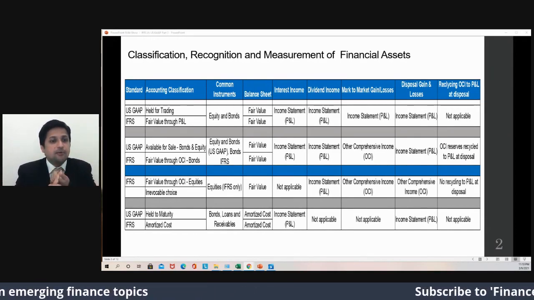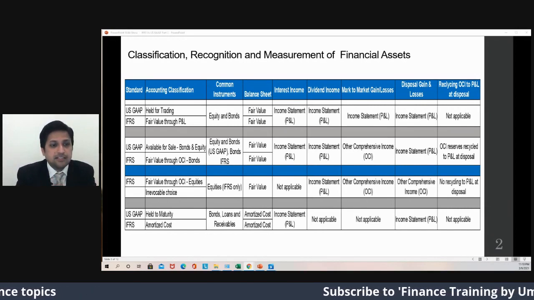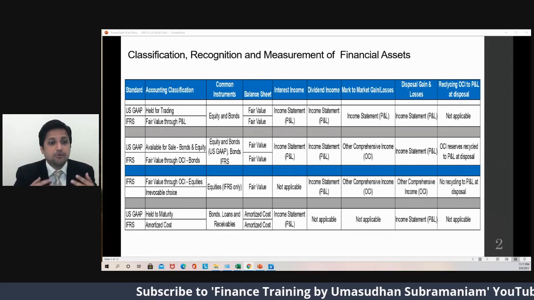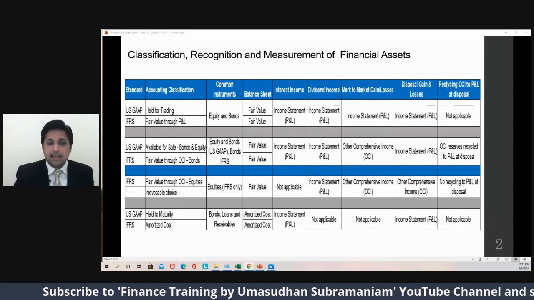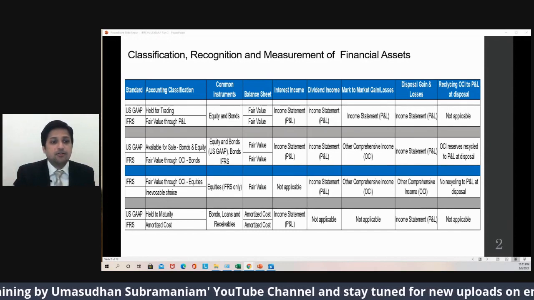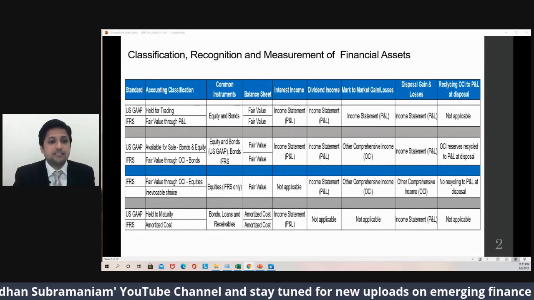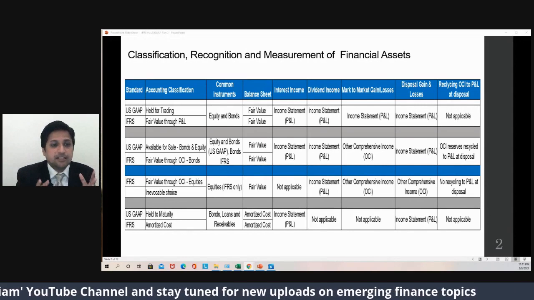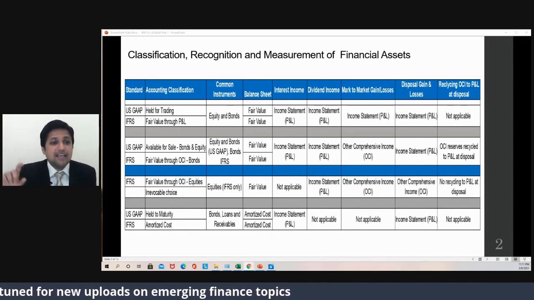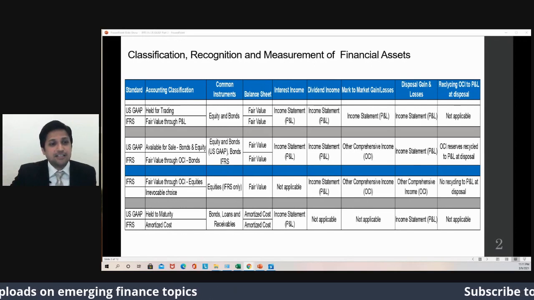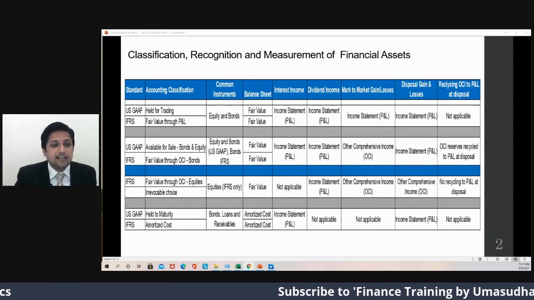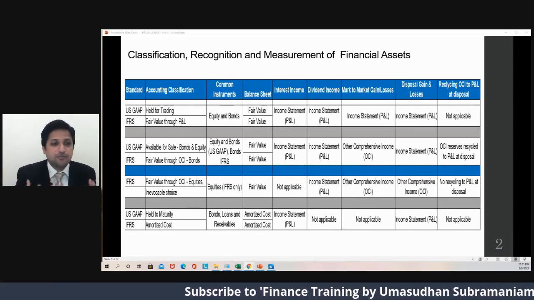Dividend income from equity investments and interest income from bond investments must go to income statement. And remember, at the time of disposal, the gain or losses arising from the disposal should be taken to income statement. And most importantly, any gain or losses in your OCI reserves must now be reclassified back into your income statement.